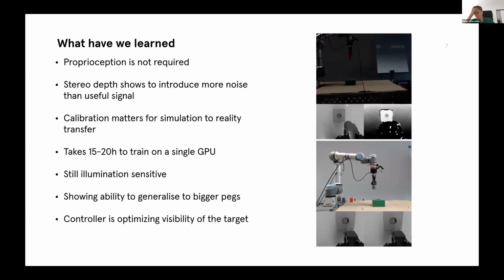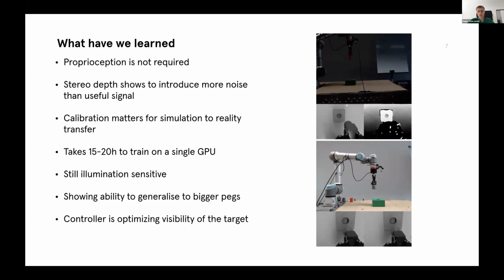During the experiments, we learned that for a vision-based controller, proprioception input is not actually critical, so it works as well without. The same is true for depth, but maybe that was particular to the sensor we used, an active stereo camera. We found that using such a noisy depth sensor can actually reduce performance when doing Sim2Real transfer.